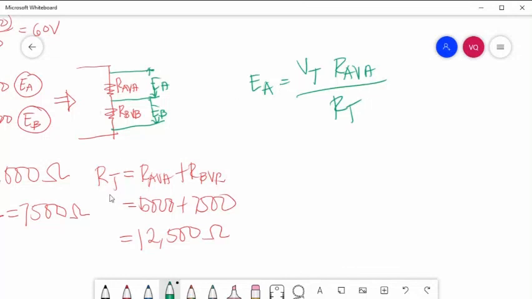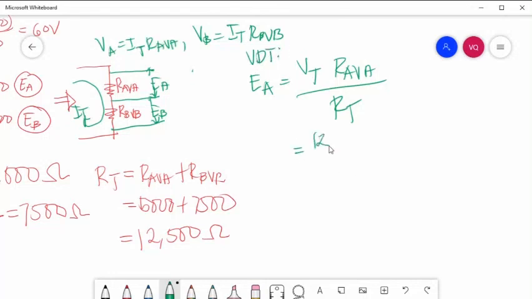You can also solve the total current here. Then VA is equal to IT times RAVA or VB is equal to IT times RBVB. And also you can use VDT.